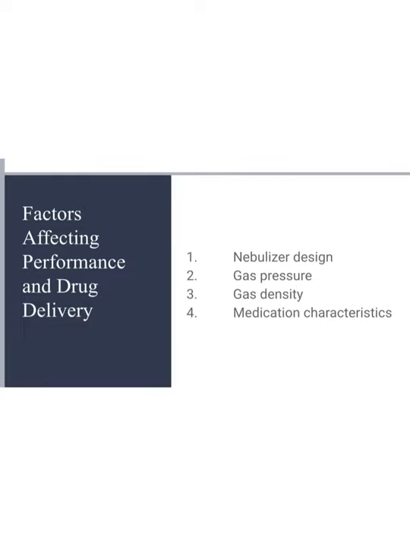So some factors that affect the performance of the nebulizer and the drug that is being delivered are the nebulizer design, and we'll go more into the different types of nebulizers, and the gas pressure, which is another way of saying the gas source. If it's a compressor, it's going to take longer.